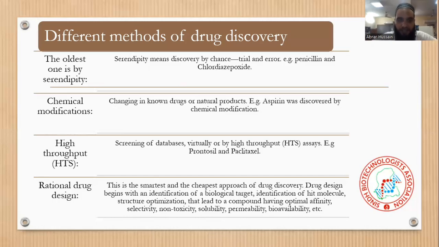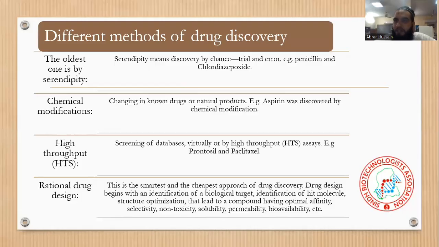Besides this, one of the recent and smartest approaches toward drug discovery is called rational drug designing. This is considered the cheapest approach because the scientists first identify a biological target, then they identify a hit molecule which is compatible with the biological target.